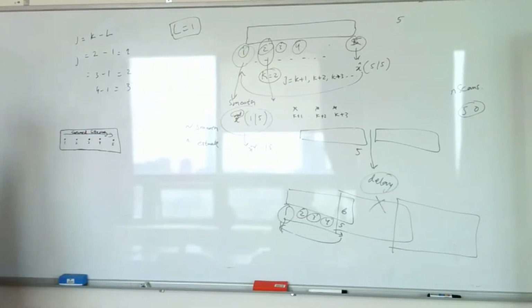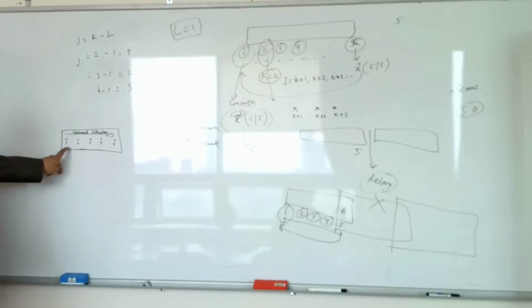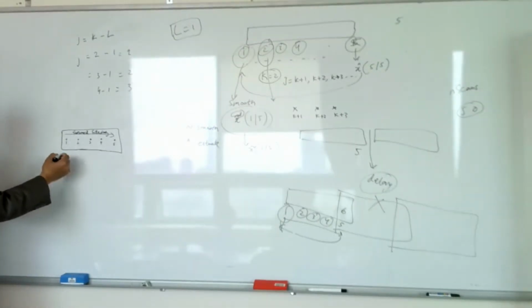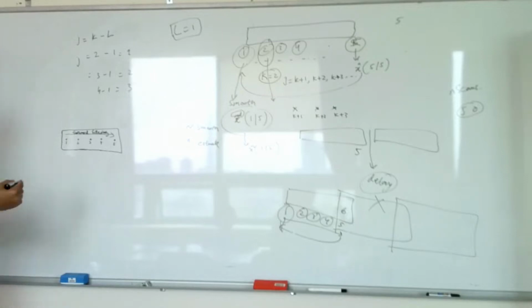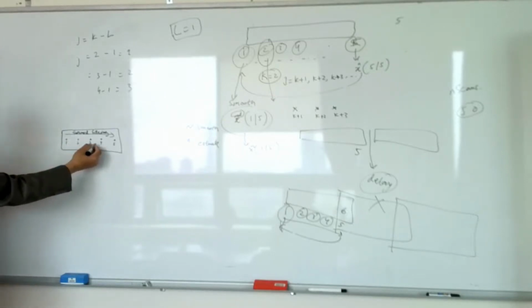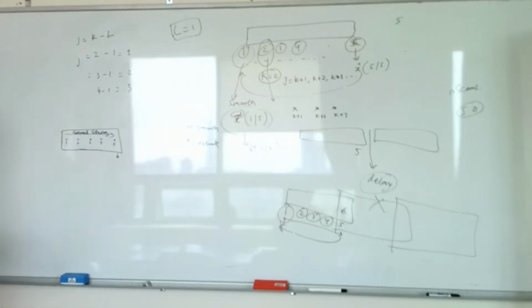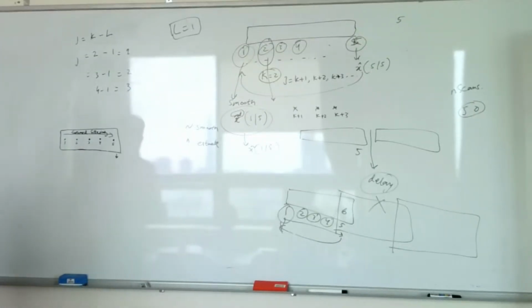Here the state estimate, like the filter will estimate each scan 1, 2, 3, 4, 5 here. Okay, like you have done the Kalman filter in the previous lecture.